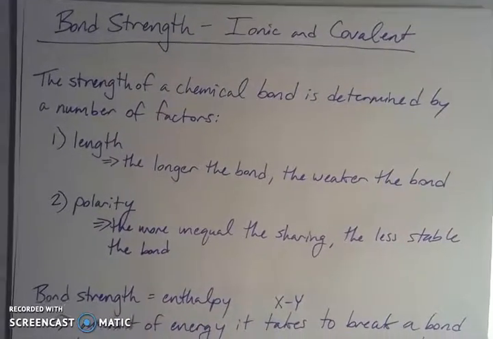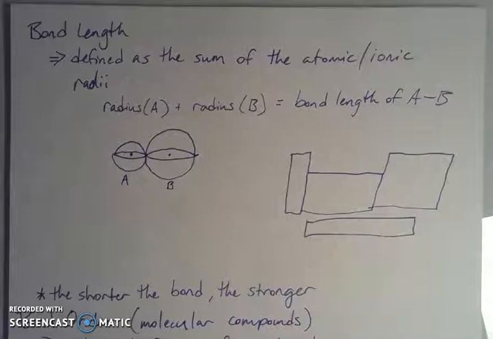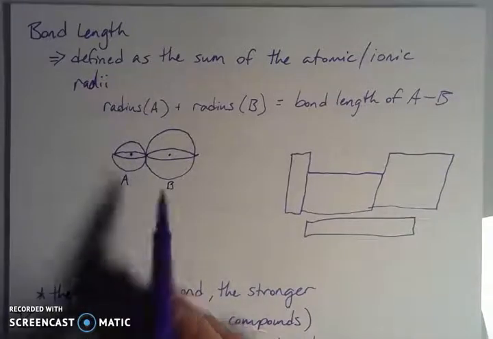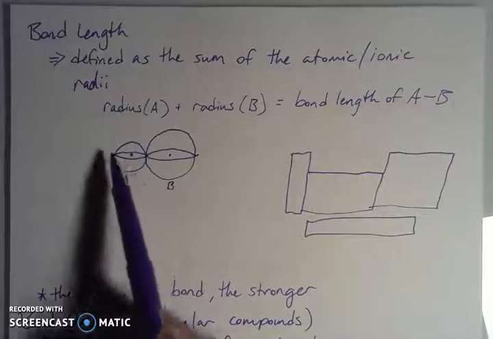Let's talk about length a little bit more. The bond length is really defined as the sum of the atomic or ionic radii. So the radius for whatever element A is plus the radius for B is the bond length for the AB bond that forms between them. If I have these two atoms, we can think about them as spheres.